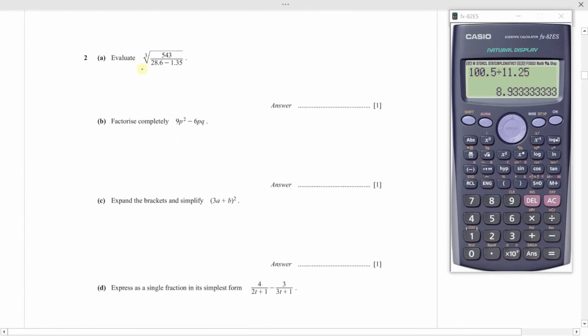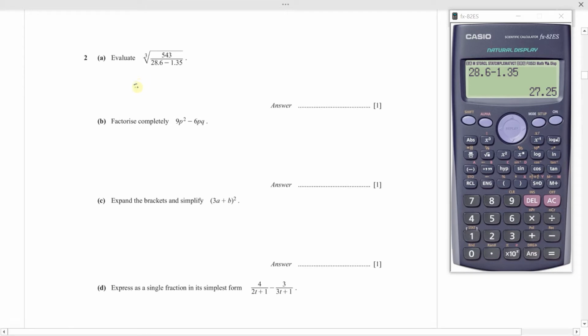So question number 2, part A is you have to evaluate this expression. First, let's calculate the value of this fraction before you take the cube root. In the denominator, you have 28.6 minus 1.35. So this is 27.25.